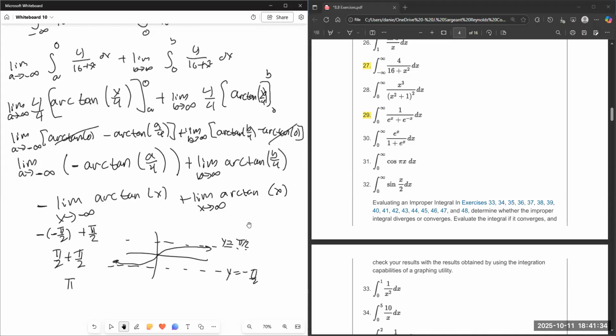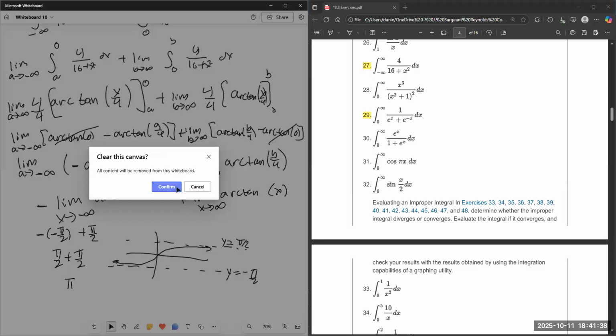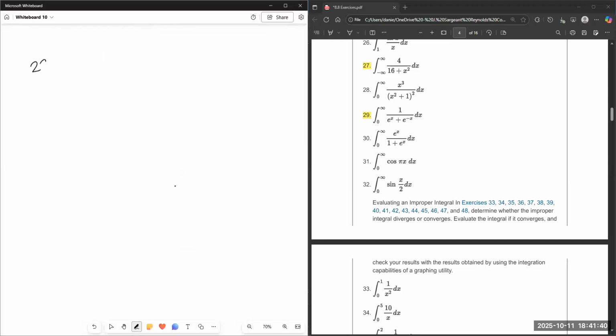Let's look now at 29. Number 29 is 0 to infinity, 1 over e to the x plus e to the negative x dx. Going to rewrite that as 0 to infinity, e to the x dx over e to the x squared plus 1. That'll be 1 squared.